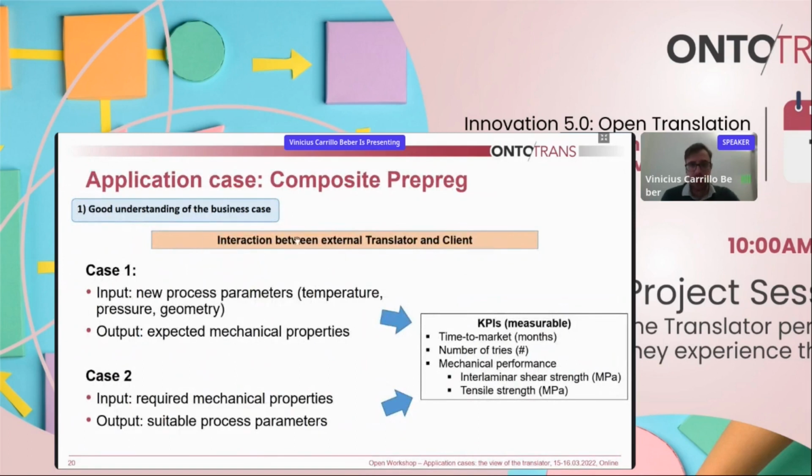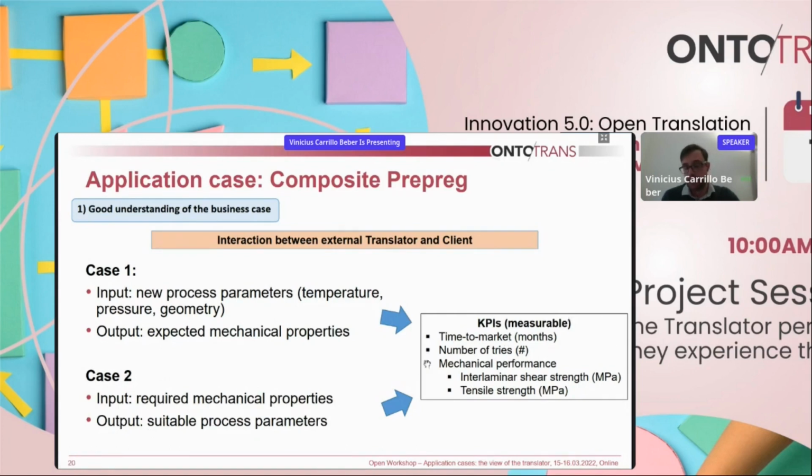After the interaction between the external translator and client, two cases were defined. In one case, the input is new process parameters like temperature, pressure, and geometry, and the output would be the expected mechanical properties. The other case would be to input required mechanical properties and as output get suitable process parameters.